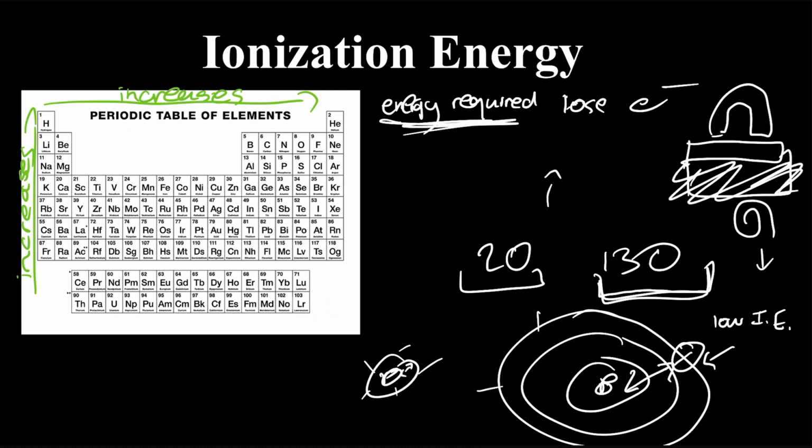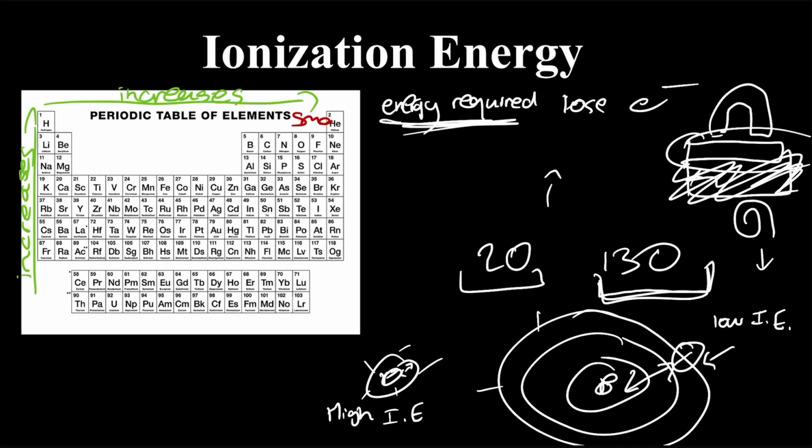But if you had all of this gone and you just had this area right here, a very small textbook between the magnet and the paperclip, then it will be attracted to the paperclip more because it's closer to it, and it will require more energy to remove the paperclip. So a small atom will have a high ionization energy because it's closer to its valence shell and more attracted to its electrons, and it doesn't want to lose it.